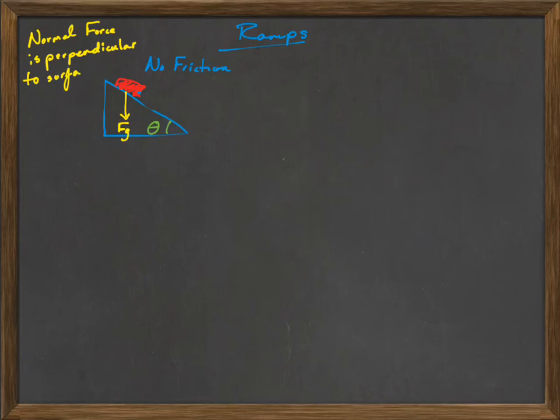So if the surface is inclined at an angle, it follows that the normal force must also be inclined at an angle. So my normal force would be at a right angle to the surface. And right now, these are the only two forces. Again, we said it was no friction, so these are the only forces that would be acting on the box.